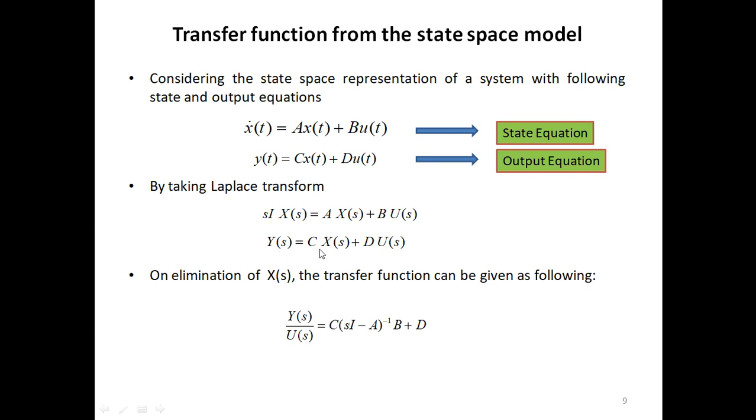Similarly, Y(s) equal to CX(s) plus DU(s). If we eliminate the state, that is X(s), the transfer function can be shown as Y(s)/U(s) equal to output over input equal to C into the inverse of (sI minus A) into B plus D.